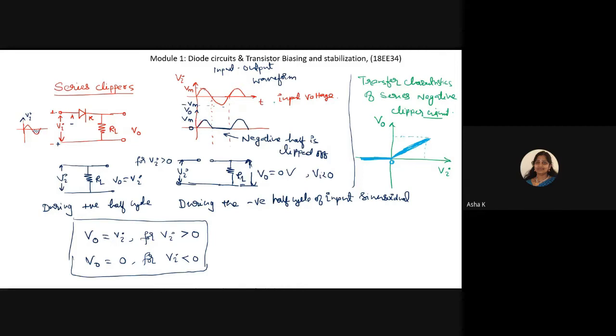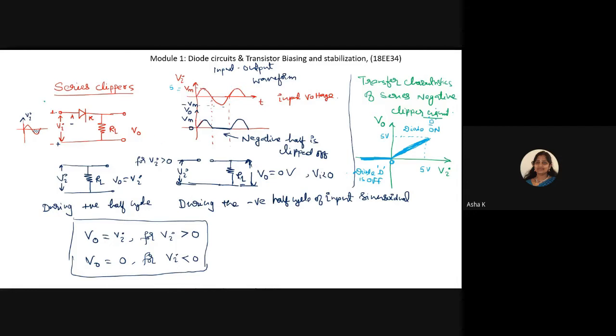Say for example, I have Vm equal to 5 volts, so here also I'm going to get Vm of 5 volts. During this operation the diode is on, whereas during this operation the diode is off. So this is called the series clipper.